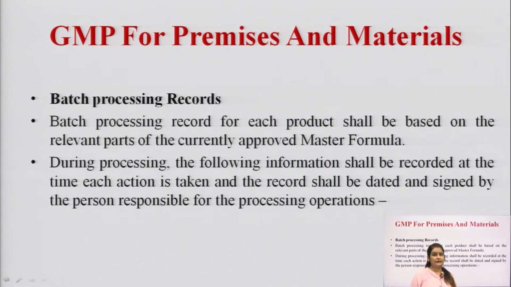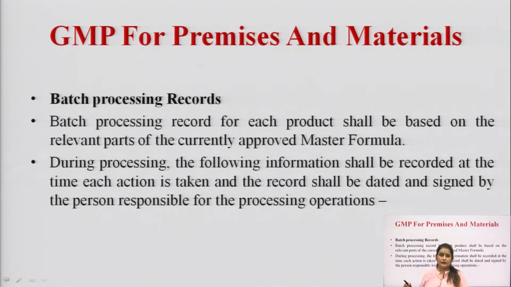As we had discussion about master formula record and packaging record, these are all requirements of good manufacturing practices of Schedule M. So, the batch processing record of each product shall be based on the relevant part of the currently running master formula. Whatever the formula running for each batch, the particular things will be recorded batch-wise. That particular record is known as the batch processing record.